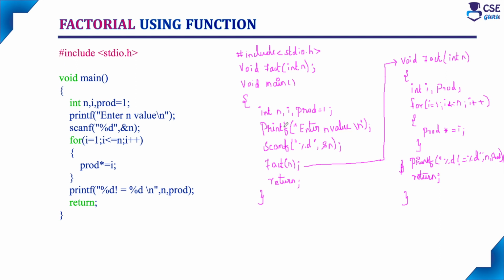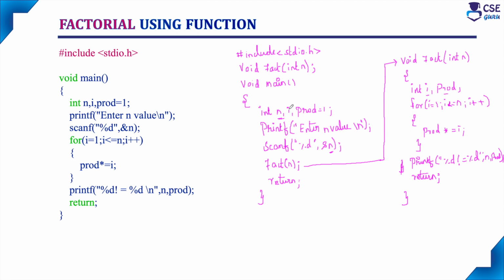So here if you are considering n is the only variable we have used here in this local main function. We already know if you are declaring a variable here, the lifetime of the variable will be only within this main function. It will not extend to the user-defined function. So we have declared i variable and prod variable here.